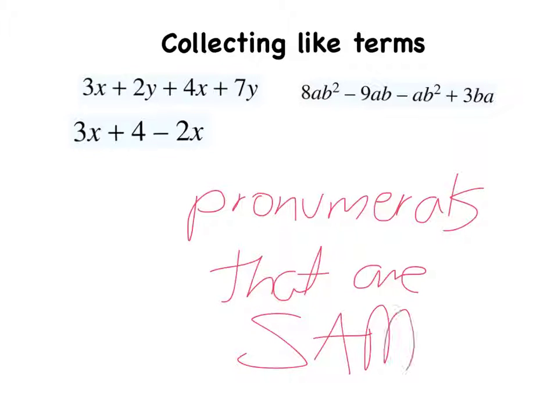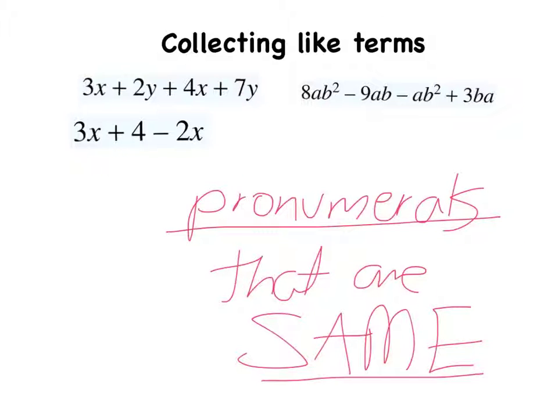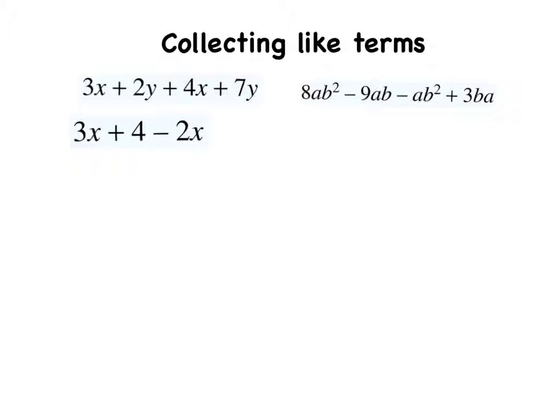And when we collect like terms, we group these same pronumerals. As well as just the pronumerals, you can have actual numbers that are by themselves. That's another kind of like term.